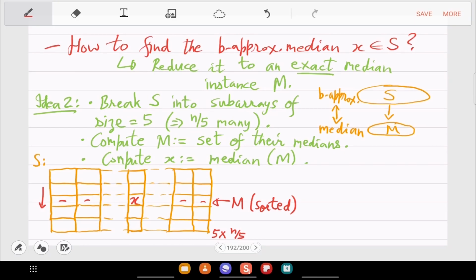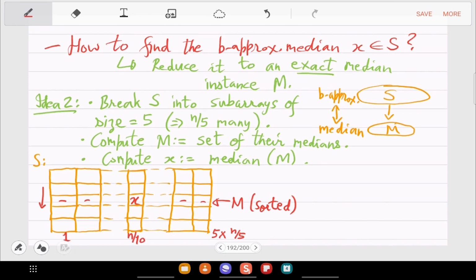So all these red dots before are less than x, and the dots above are greater than x. And how many are they? Half of n by 5, right? Because x is the median in M. So this is, let's say, n by 10.